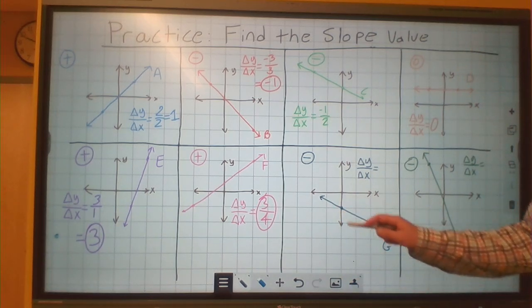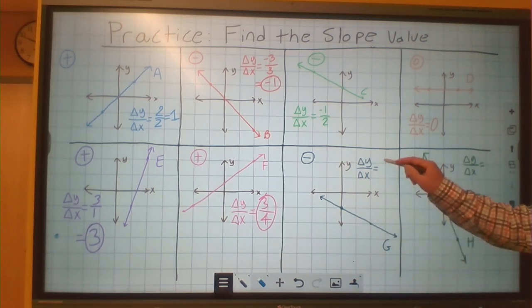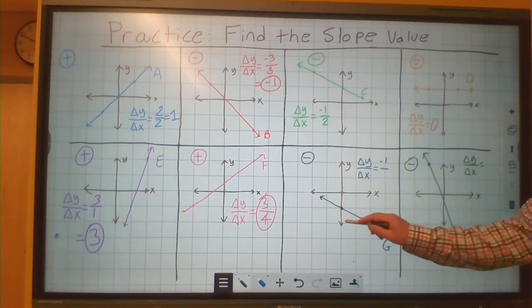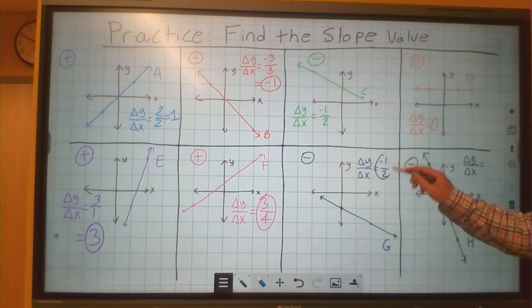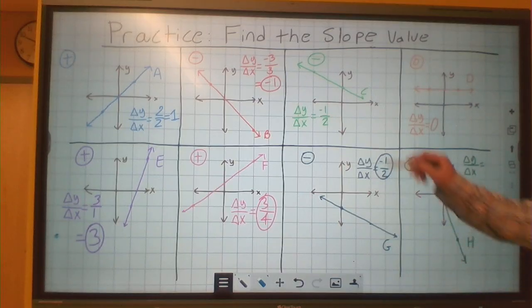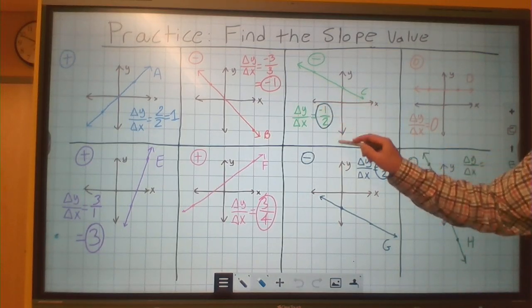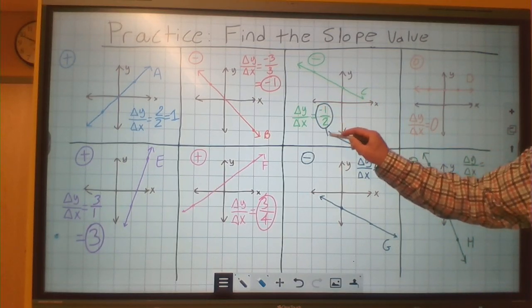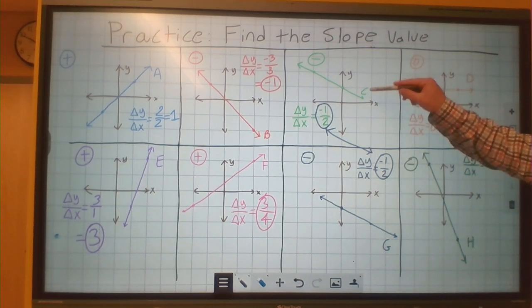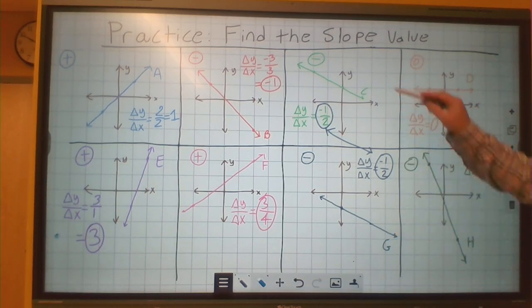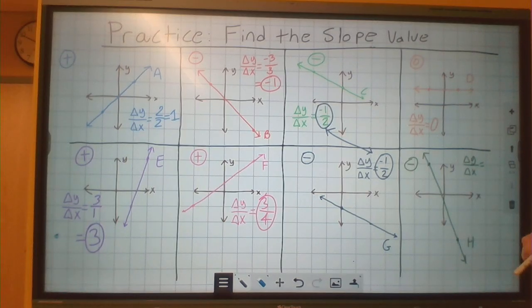G, we are going 1 down and we are going 2 forward. So we end up with a slope of negative 1/2, which is the same as the slope for C. And you can tell that these are parallel to each other.